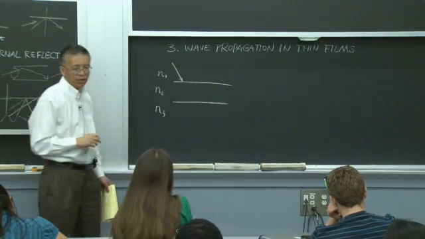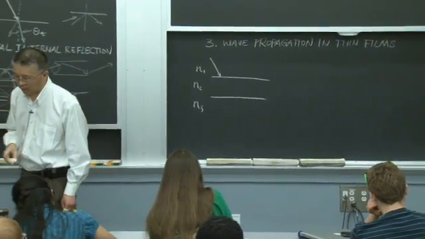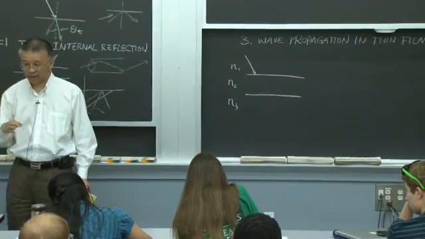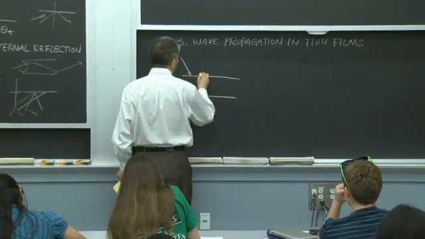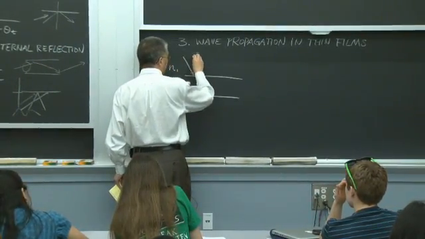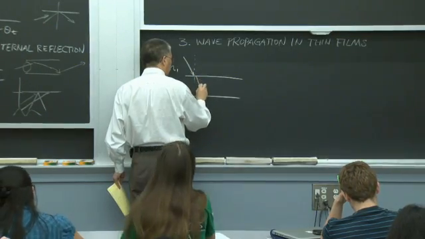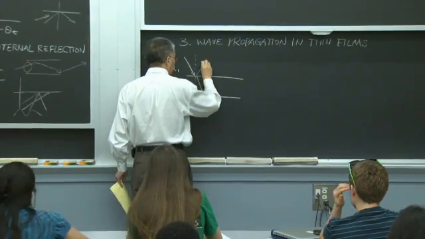My formula is written in terms of a small n, but you can write a capital N; everything is identical. At the first interface you have refraction and reflection.